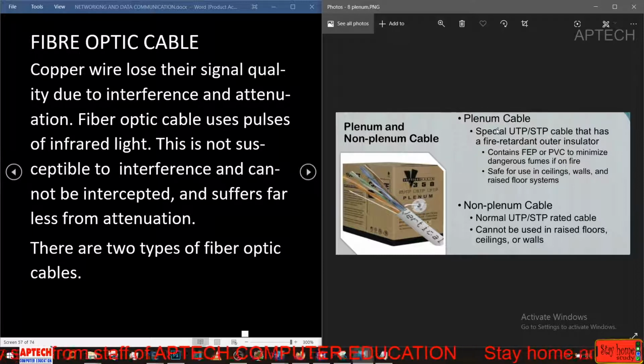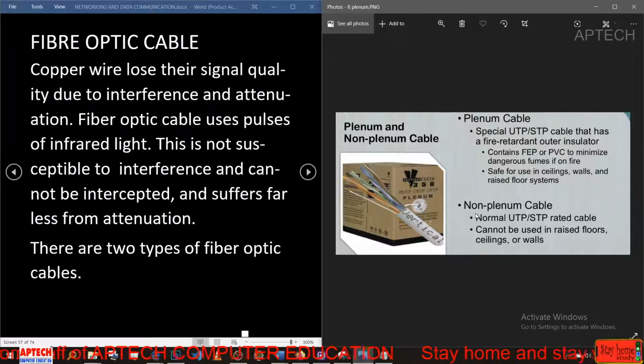If you buy a plenum cable, especially these Ethernet cables, they usually have a PVC, and that helps to minimize the fumes from coming, as you can see written here.